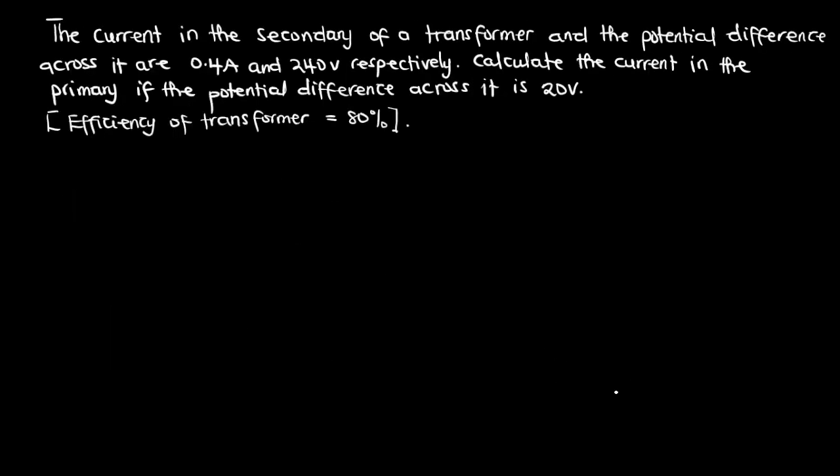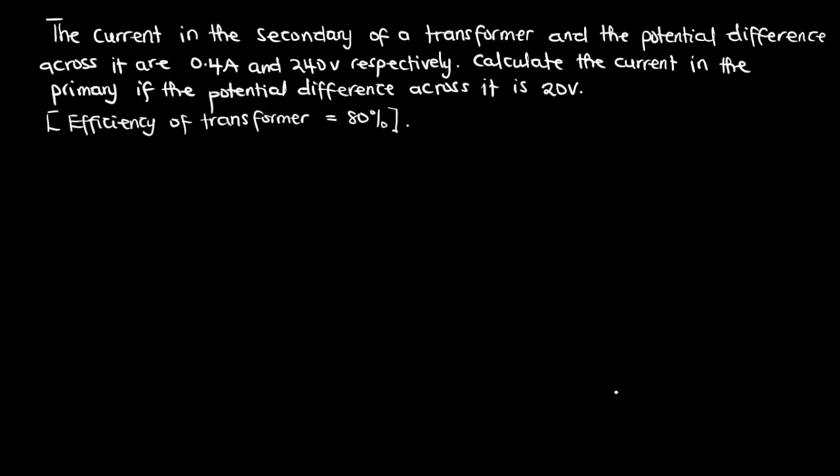All right, so let's have a look at another example. Over here we have the current in the secondary of a transformer and the potential difference across it are 0.4 amperes and 240 volts respectively. We are to calculate the current in the primary if the potential difference across it is 20 volts.